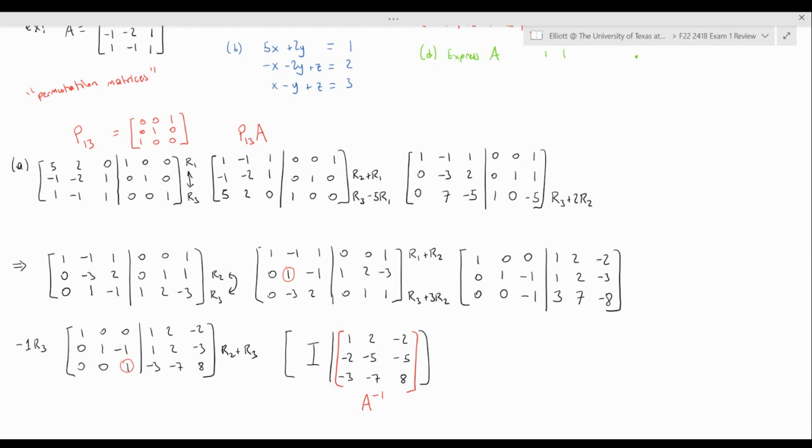Next, we did 2 elimination type of row operations. So we did add row 1 to row 2. The elementary matrix corresponding to that is going to be the identity matrix, but with a 1 in the 2-1 position.